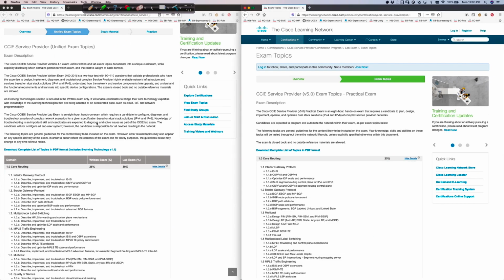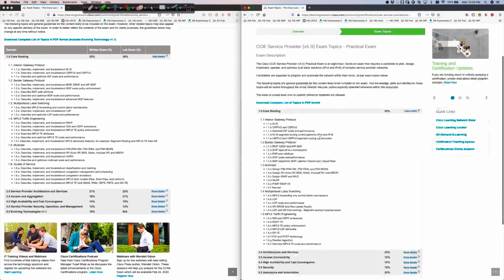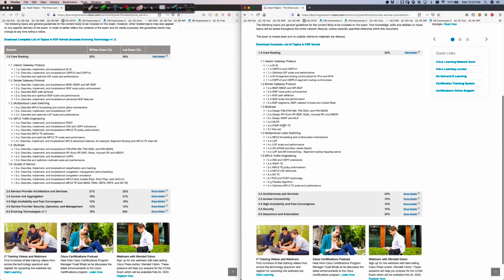So let's expand core routing and look at the differences between 4.1 and 5.0. The major sections are pretty much the same: we have ISIS and OSPF, BGP, basic MPLS, MPLS traffic engineering, multicast and QoS. In the new blueprint, it is still the same.